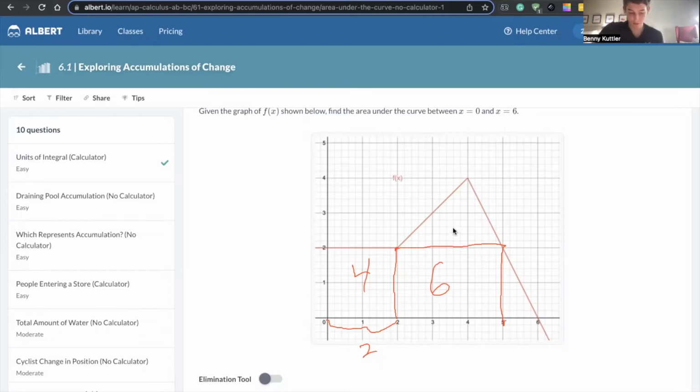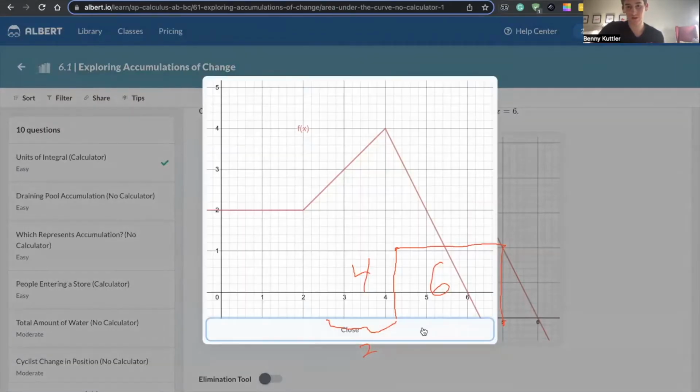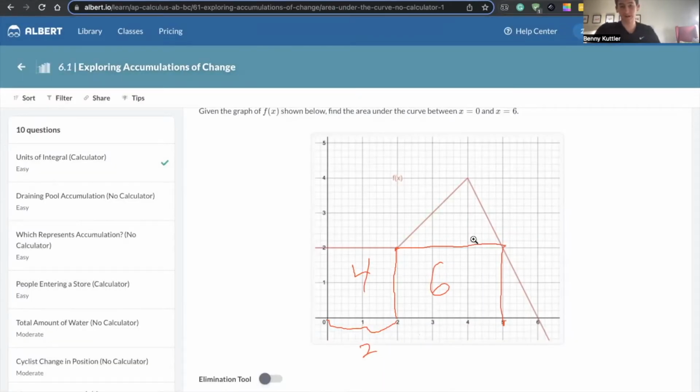For this triangle, we have 1, 2, 3 times 1, 2. And a triangle is 1/2 base times height. So we have 1, 2, 3 over 2 times 2. So the area of this is 3. And we have another little triangle over here with a base of 1 and a height of 2. 2 times 1 divided by 2 is just 1.